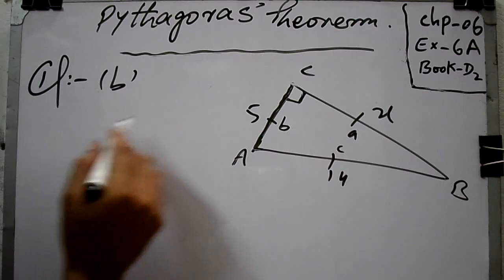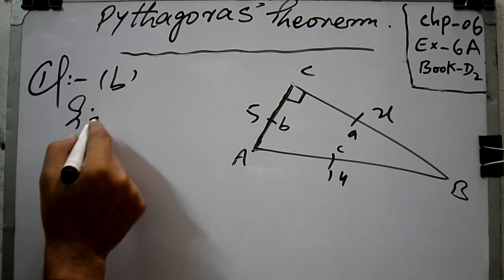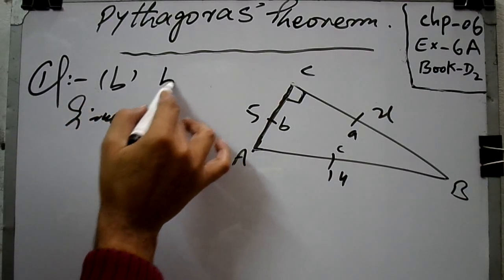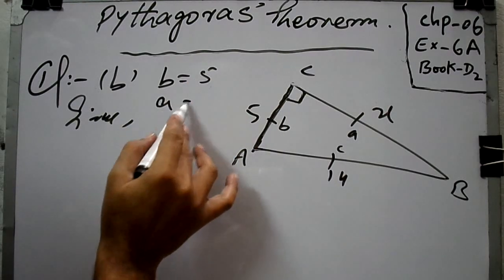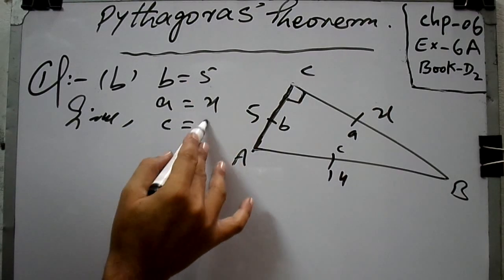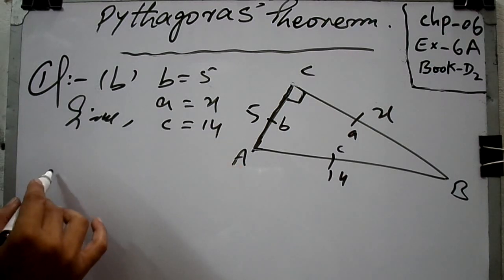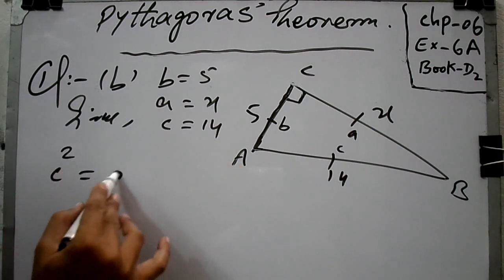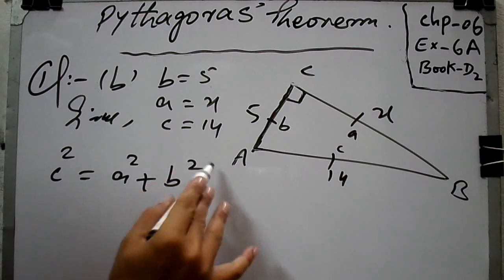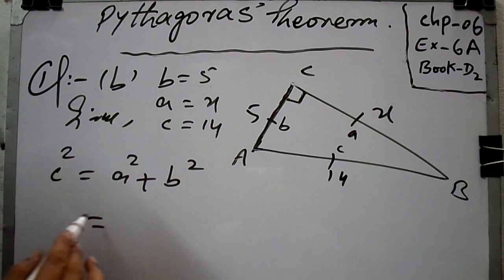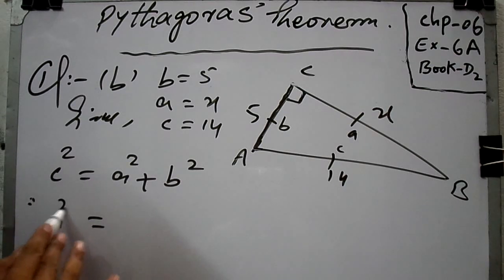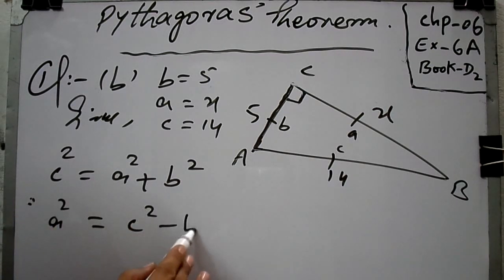So by the Pythagoras theorem, you can see here the value of B is 5, the value of A is x, and the value of C is 14. Since C square is equal to A square plus B square, and we have to find the value of A, therefore A square is equal to C square minus B square.